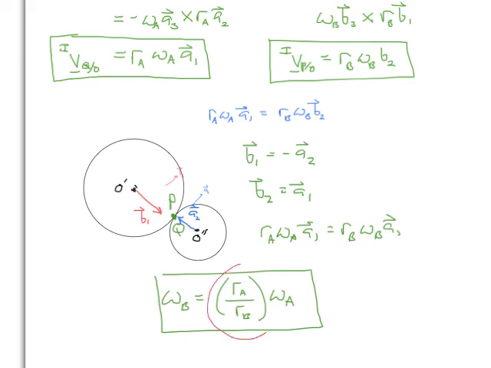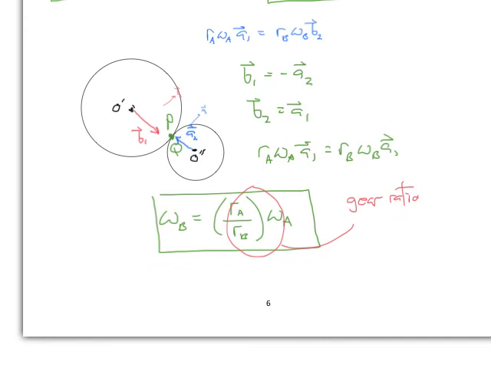This ratio of the radii is called the gear ratio, and in this situation the radius of gear A is less than the radius of gear B. So therefore the magnitude of the angular speed of gear B will be less than the magnitude of the angular speed of gear A. So the big wheel rotates slower than the small wheel.